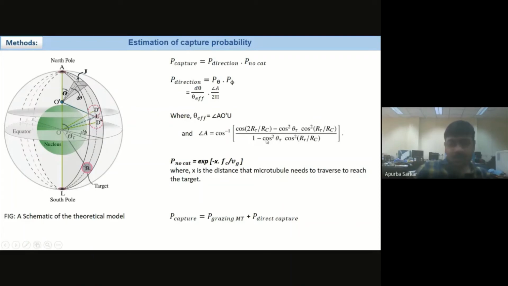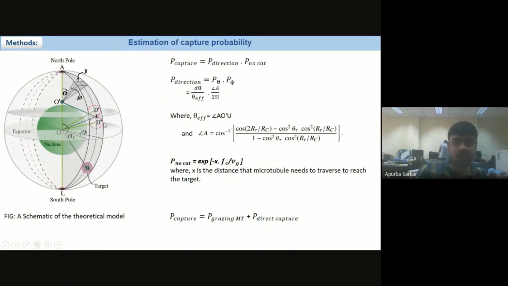Now the probability of no catastrophe can be denoted as an exponential distribution, where x is the distance the microtubule needs to traverse to reach the target. It is also to be remembered that for a successful capture, the capture probability can be a sum of 2 probabilities. One is due to the grazing microtubule, that means the microtubule nucleates and grazes along the cell surface.